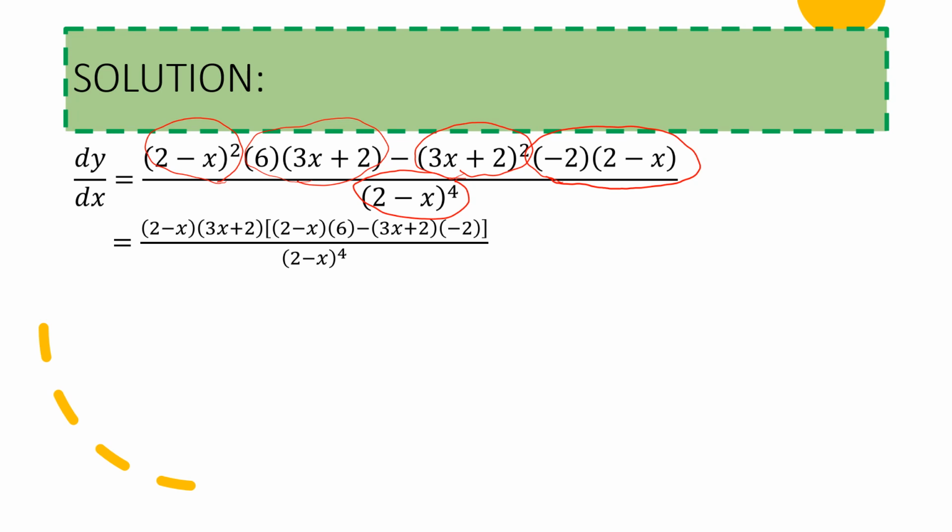So from that, we can factorize (2 minus x) and (3x plus 2). So that factor, we multiply by (2 minus x) times (6 minus (3x plus 2) times negative 2) over (2 minus x) to the power of 4. Next, we can simplify this factor. So it becomes (3x plus 2) times 16 over (2 minus x) cubed.